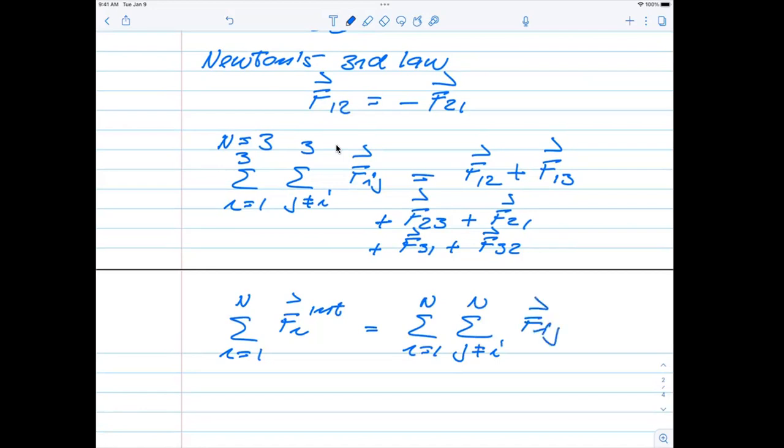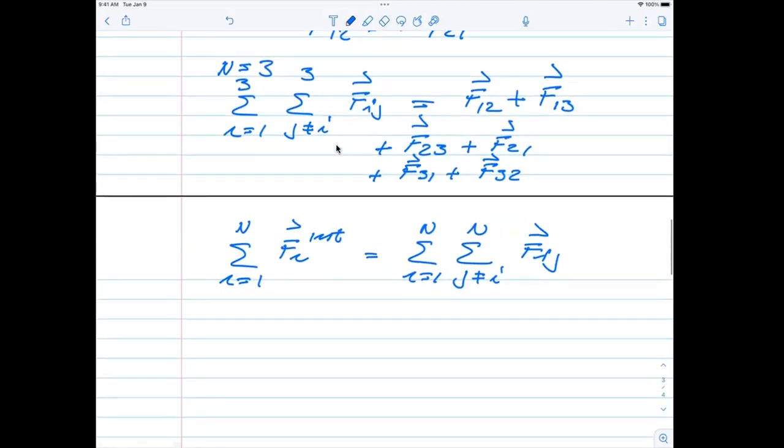And we can rewrite it in a slightly modified way. This is what makes it a little bit handy, and we can show immediately that this is going to be equal to 0. We see that because we know that this force is equal to minus this one, and that one is equal to minus that one. So it sums up to 0.